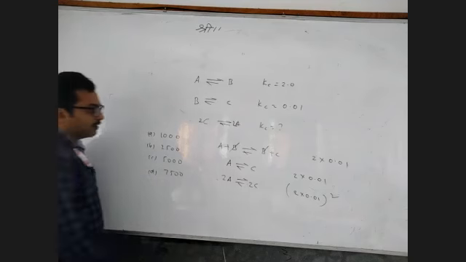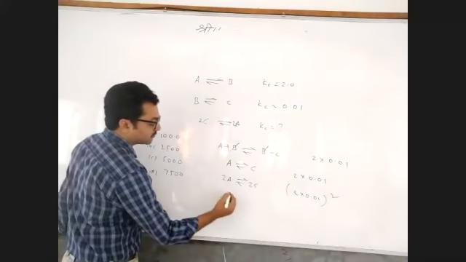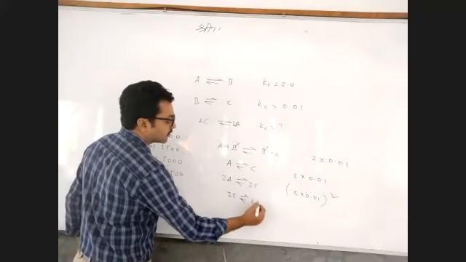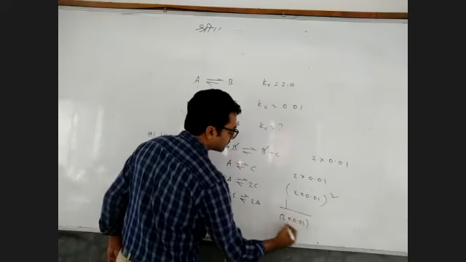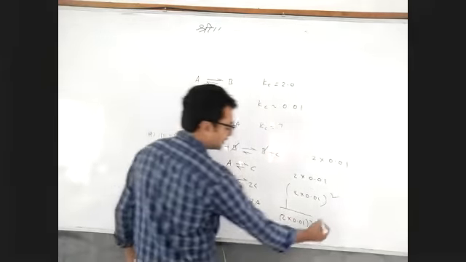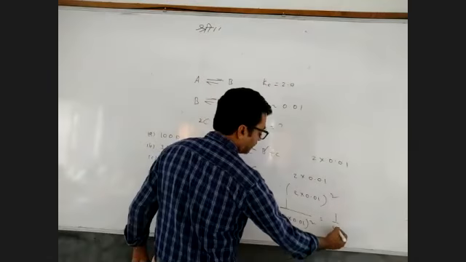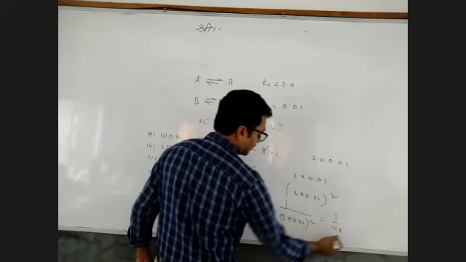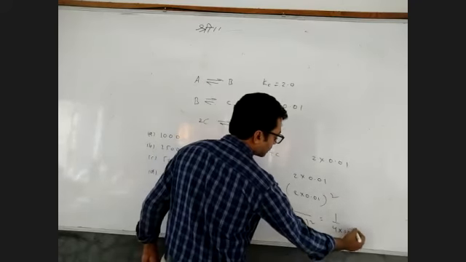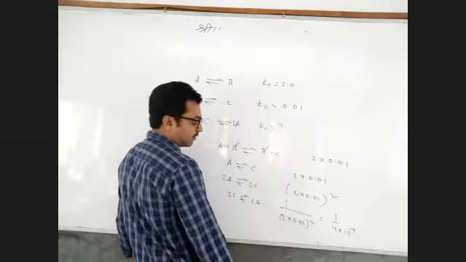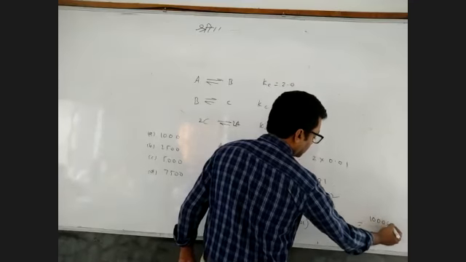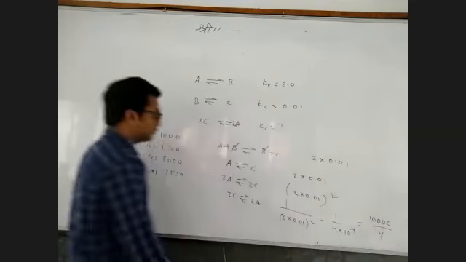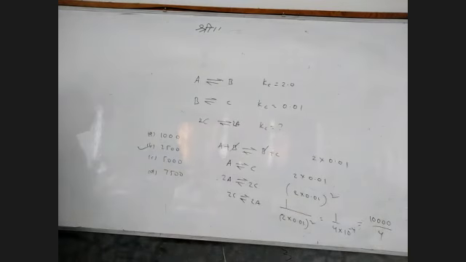Now I will do reverse, then this will be the reciprocal of that. So this is how much, children? 1 by 4 into 10 power minus 4. Correct or not? So that is nothing but 10,000 by 4. That is 2500.